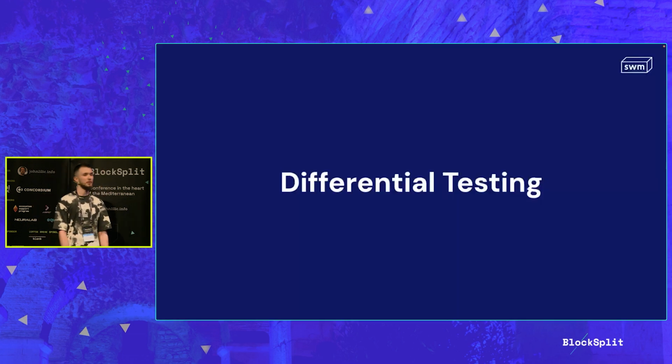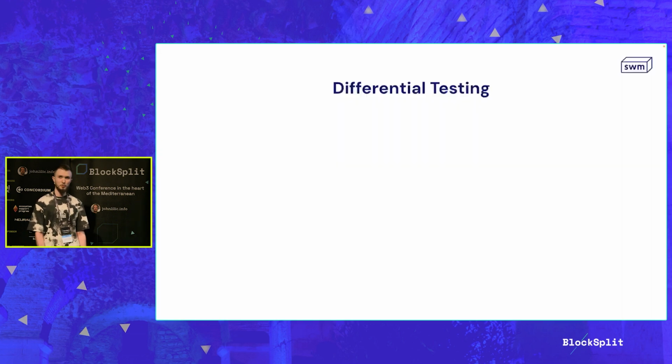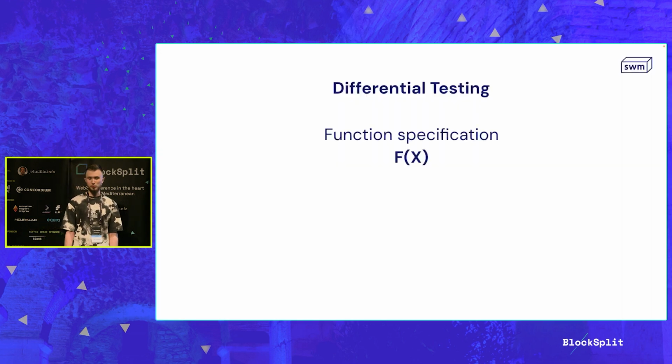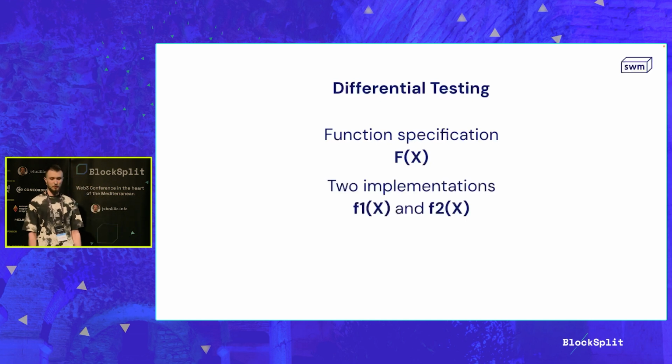Up next, we've got differential testing, maybe a bit of an intimidating name, but it's fundamentally pretty simple. So suppose we have some function specification f, and for this function specification, we've got two implementations, f1 and f2. Since these functions implement the same specification, we expect them to behave the same.